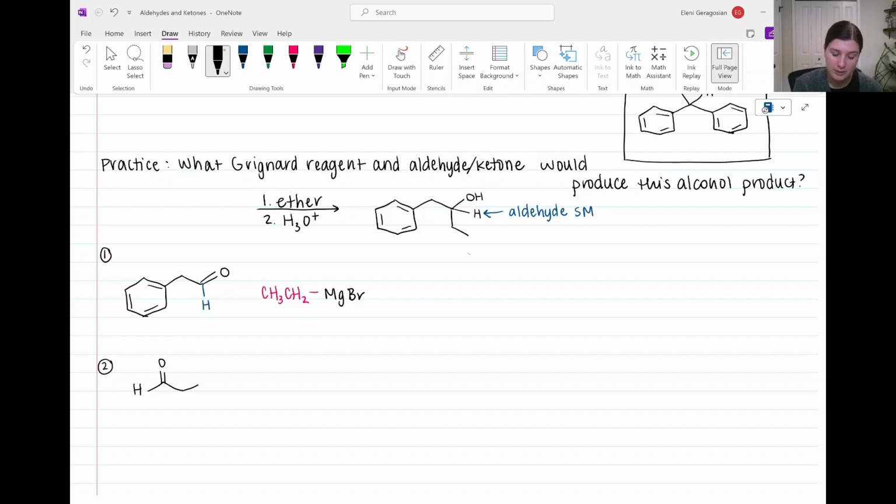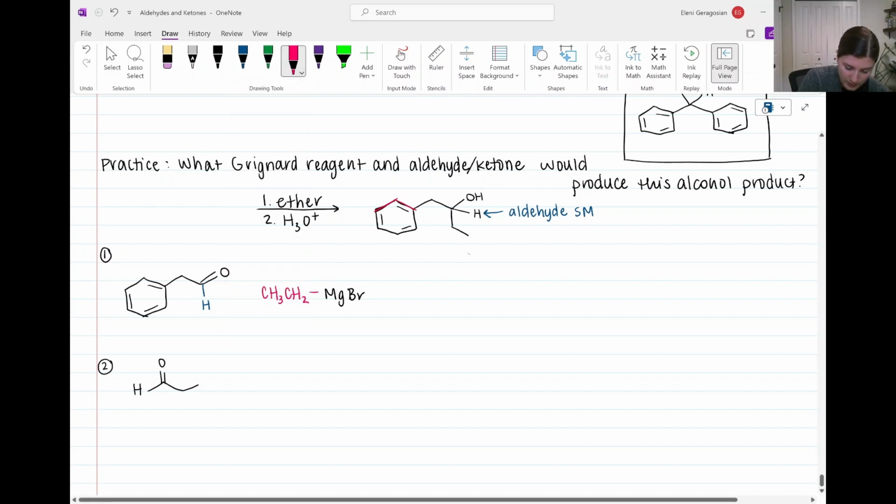So if that's our original aldehyde, then the organic part of the organometallic reagent that's added would be the phenyl ring with that CH2 group. So this whole reagent here could then be added to the carbonyl carbon, and we'd get the same final product.